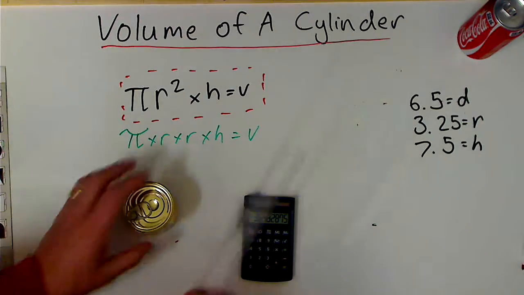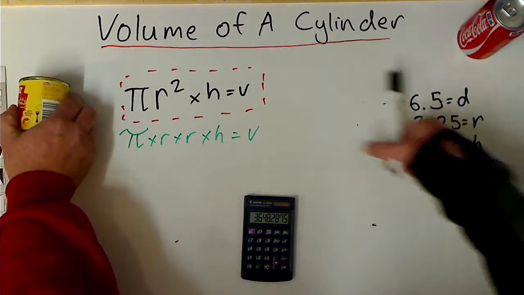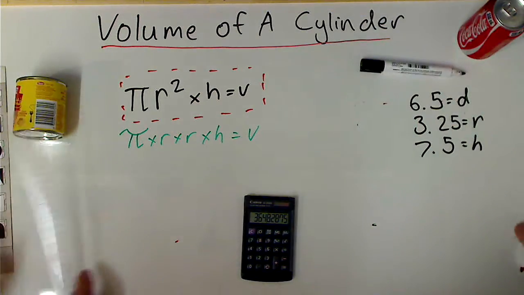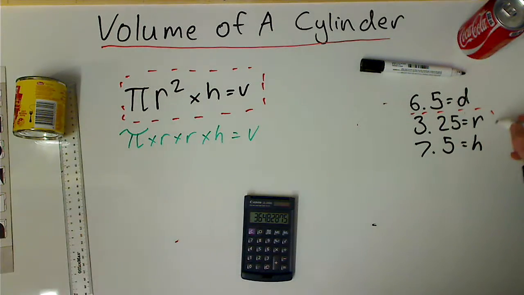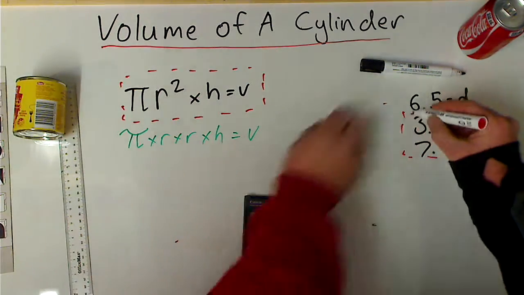All we do is plug these two numbers for our radius and our height into the formula.